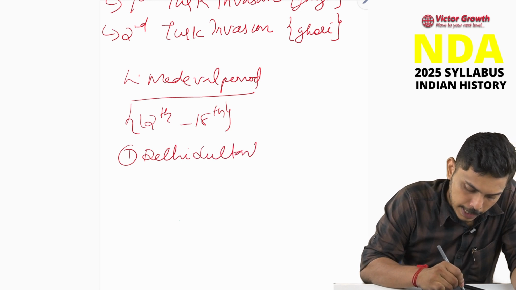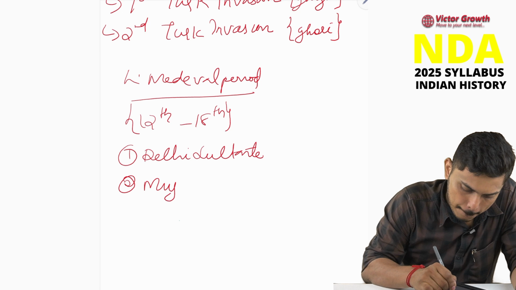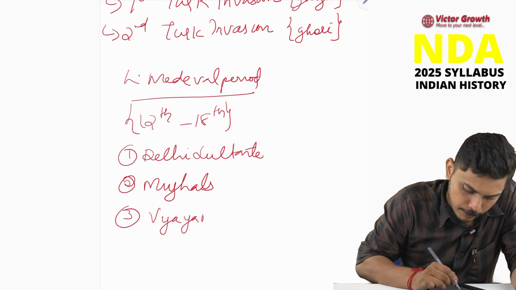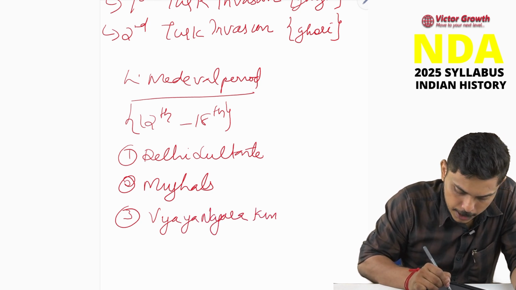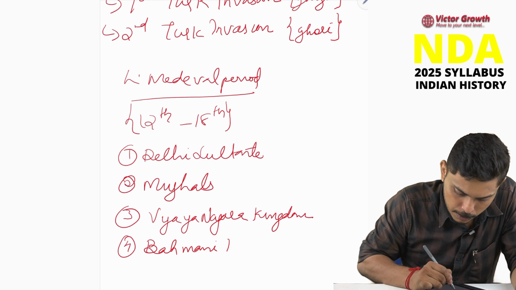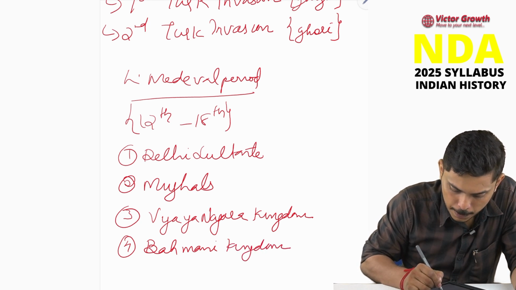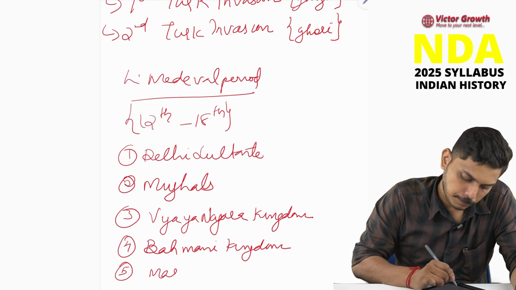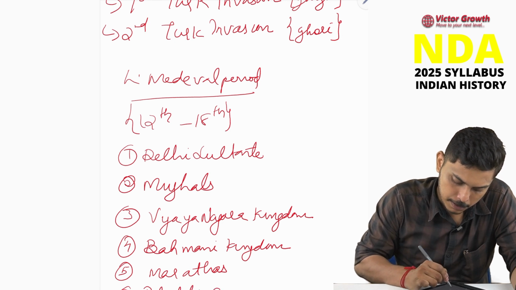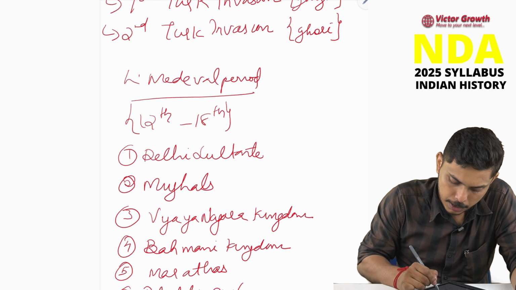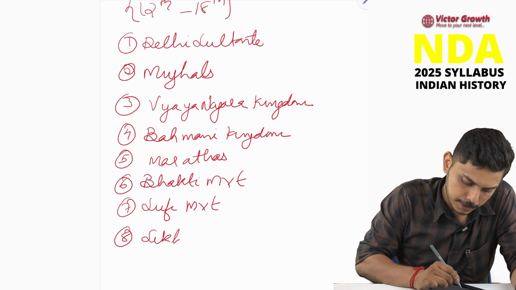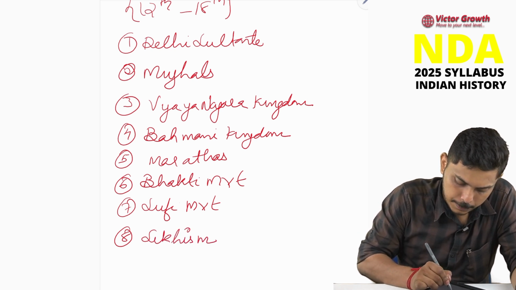Starting from the Delhi Sultanate, then Mughals, then we have the important Vijayanagara Kingdom, Bahmani Kingdom, then we need to learn about Marathas, Bhakti movement, Sufi movement, Sikhism.